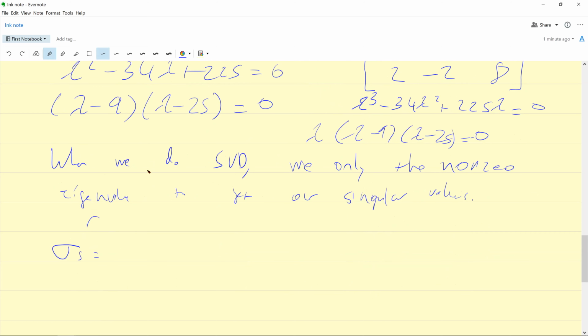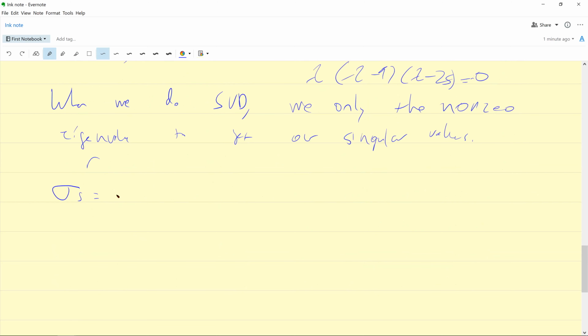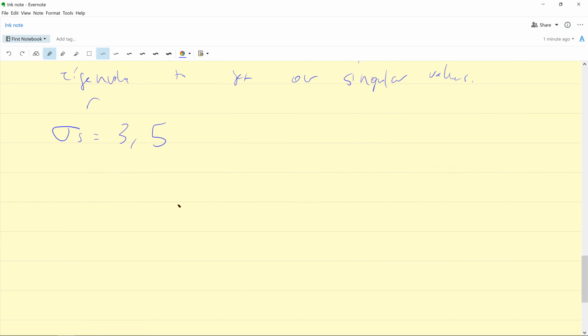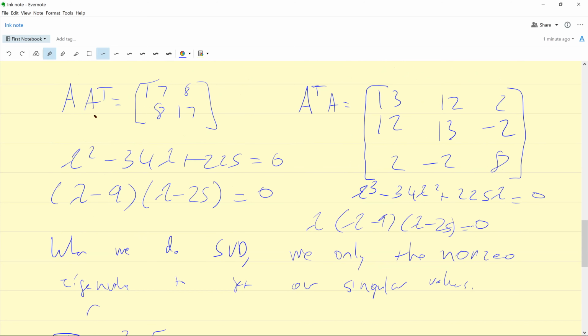So we're going to use 9 and 25 to find the singular vectors. The singular values are going to be 3 and 5. Let me scroll back up while you try and find the eigenvectors for the 2 by 2 matrix.